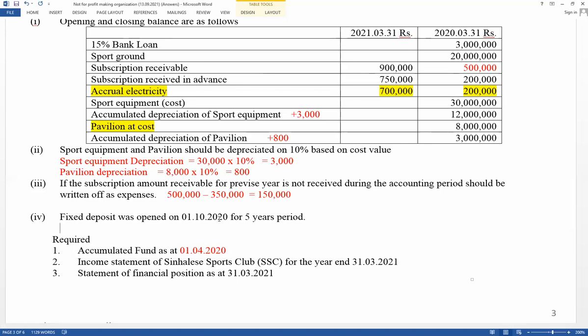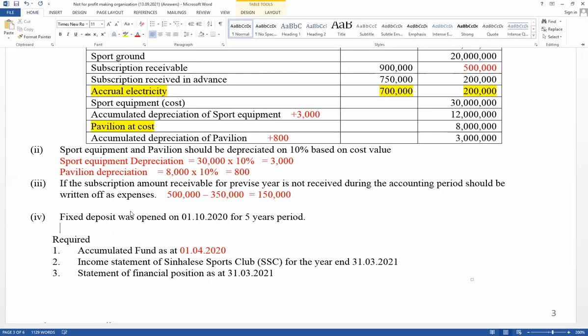Now consider how many months are available from the deposited date to the end of the year: October, November, December, January, February, March. Therefore, the fixed deposit was available during the accounting period for 6 months. Therefore, you have to calculate fixed deposit interest income for a 6-month period.